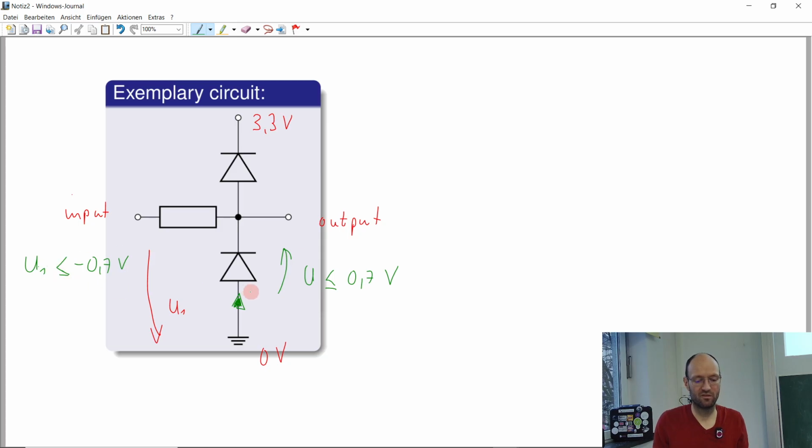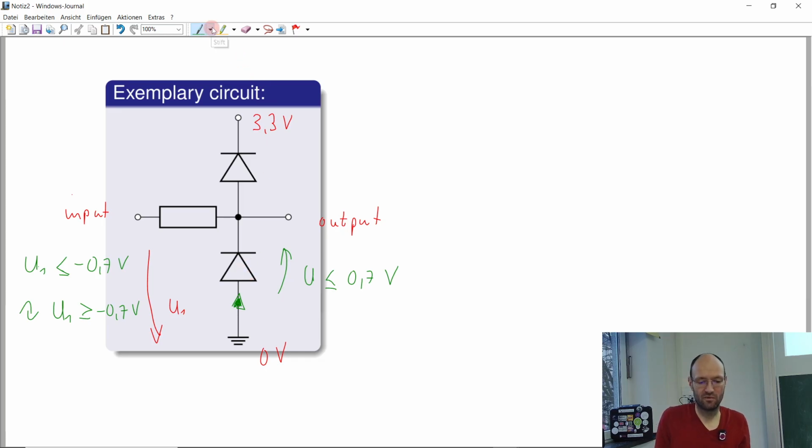So with this diode we can limit this; this diode will get conducting if our input voltage drops below minus 0.7 volt. So this will make sure that at the end the outcome is that U in is always greater than minus 0.7 volt due to this diode.